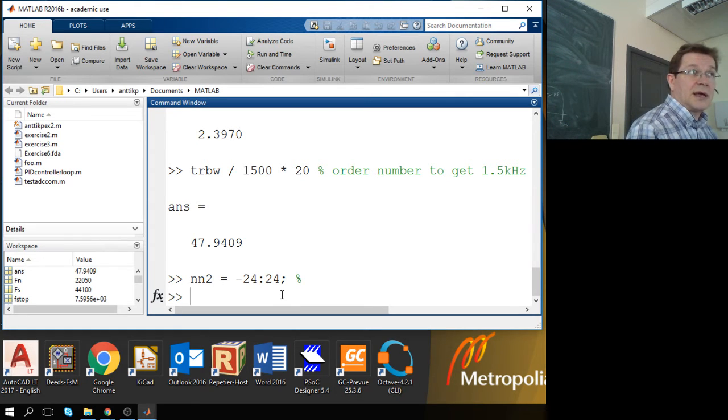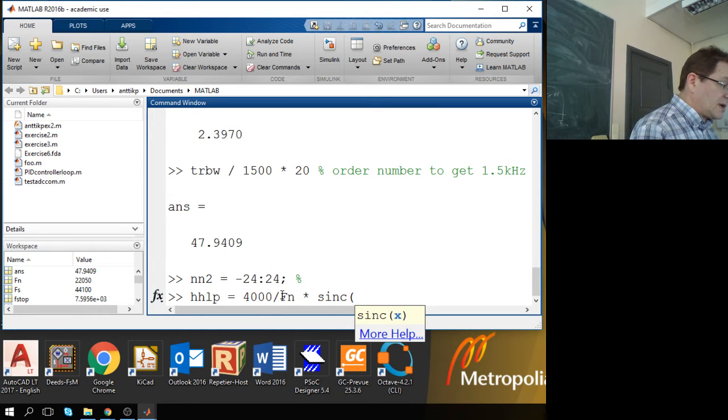So this should give us about the right transition bandwidth, which means that we need to generate the sinc again, and we need to generate the window again. But let me just do it like this. HH low pass equals sinc from minus N/2 times cutoff frequency 4,000 divided by Fn.